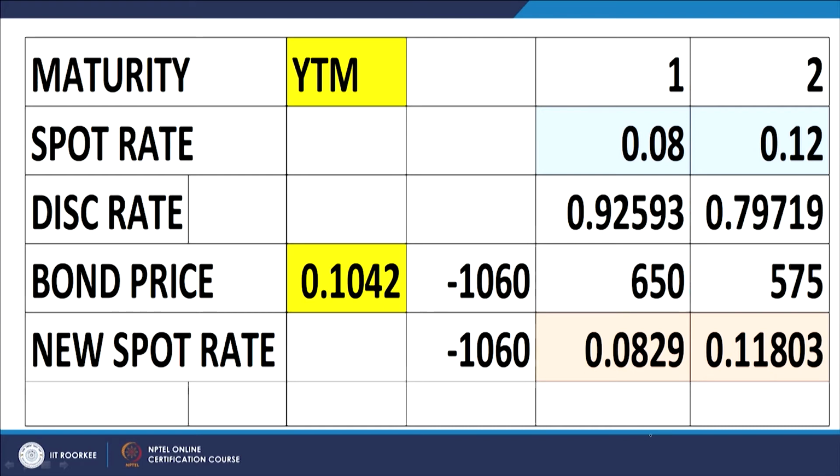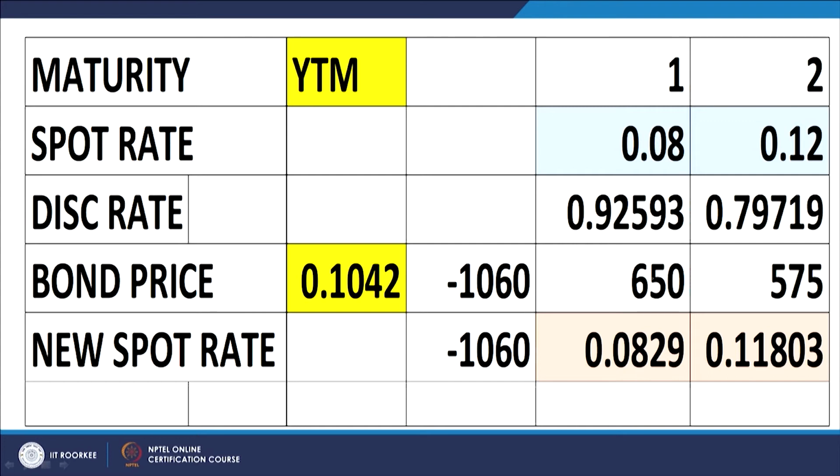If I work out the price of this bond given the spectrum of interest rates, I get 1060, which translates to a YTM of 10.42%. 10.42% is the YTM, 1060 is the price. These are the interest rates for the 1 year deposit and the 2 year deposit, and these are the cash flows.